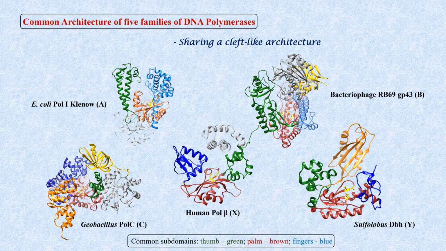There are 3 common subdomains: thumb, palm, and fingers. The palm subdomain is at the base, while the thumb and fingers form the walls on the 2 sides. The thumb properly positions the duplex DNA and facilitates processivity and translocation. The fingers subdomain is involved in interaction with the incoming dNTP and the template base to which it is paired.